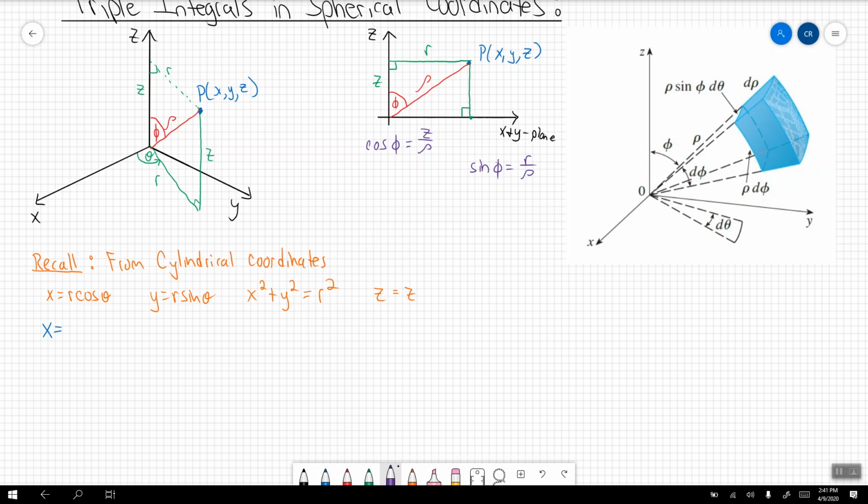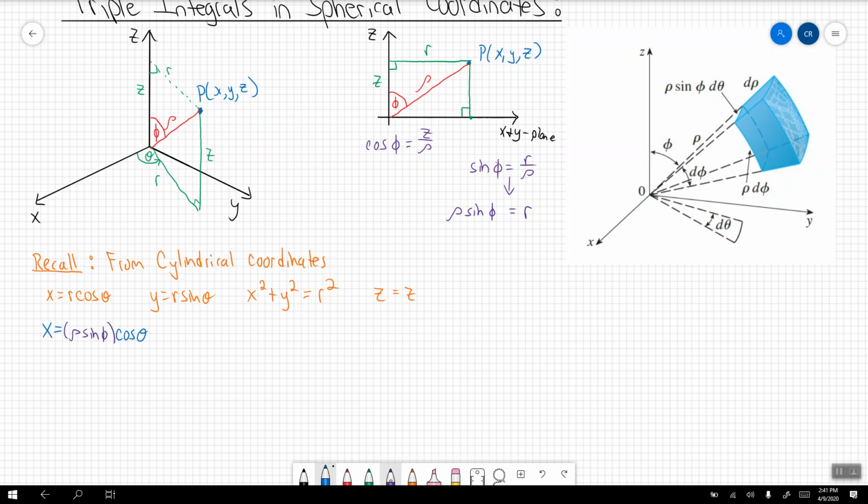Now, let's see what's going to happen here. Well, this piece here tells me that r is really just rho times sine of phi. Now, that again tells me this r value is now rho times sine of phi, but it's being multiplied by cosine of theta.